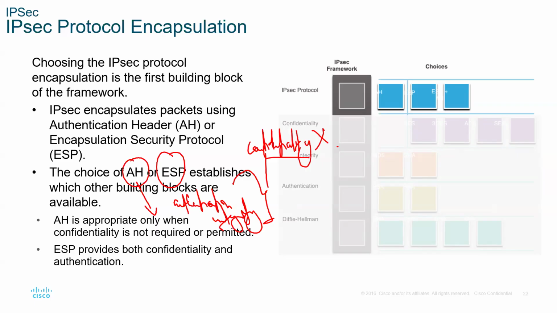So if the information your sender sends does not require confidentiality, then the type of encapsulation you use is AH. Let's use an example of the military. The military can share information that maybe anyone is allowed to hear.